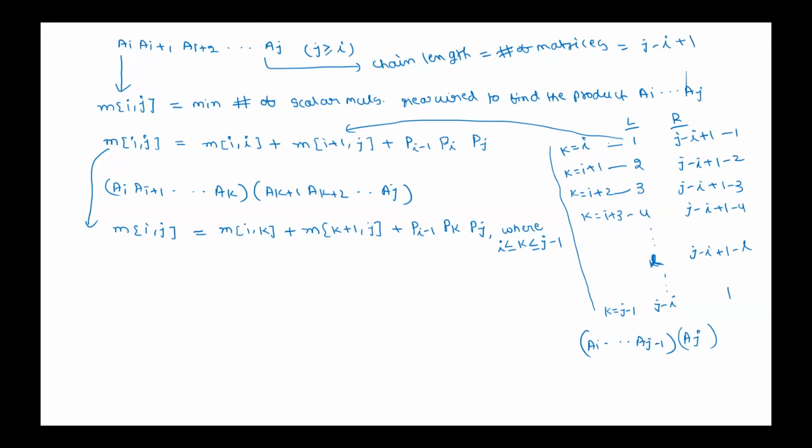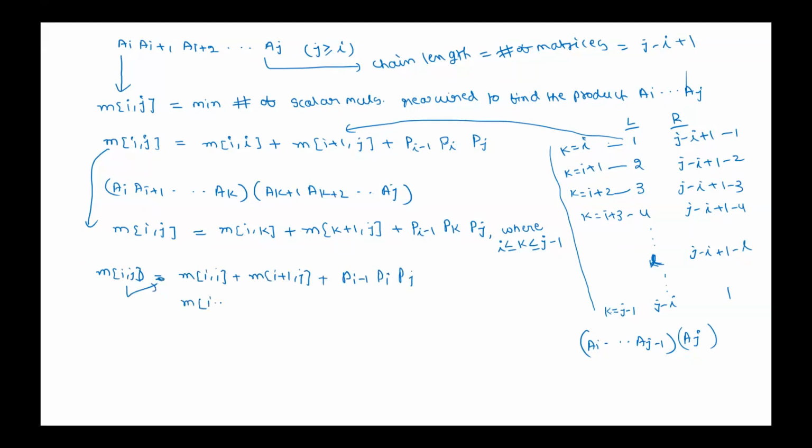Yes, sir. But do we really know what the value of k is? We don't know. That means how do we calculate Mij then? First we calculate Mi,i plus M(i+1),j plus P(i-1) Pi Pj. Next, in order to calculate this, we need to calculate this.